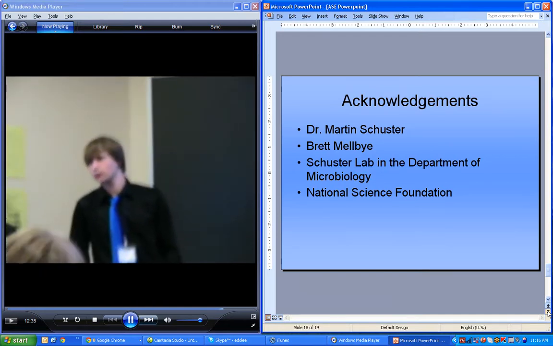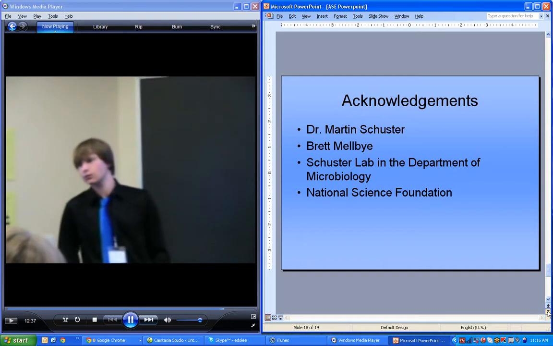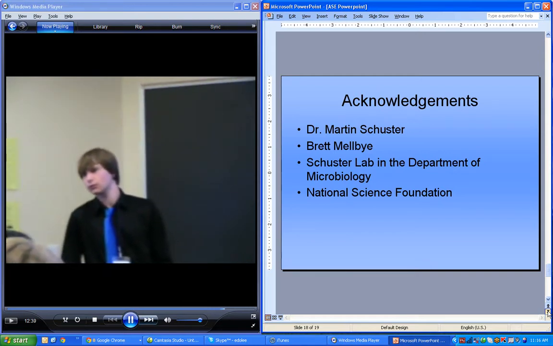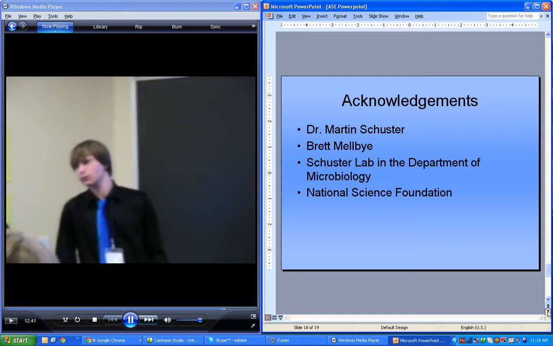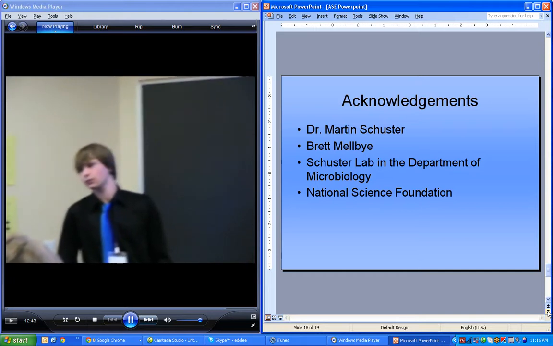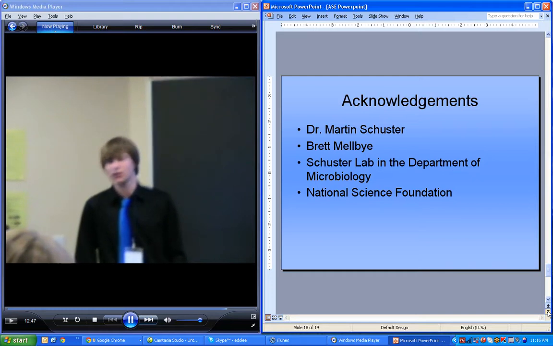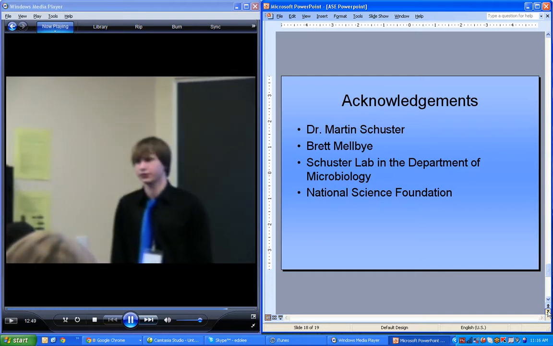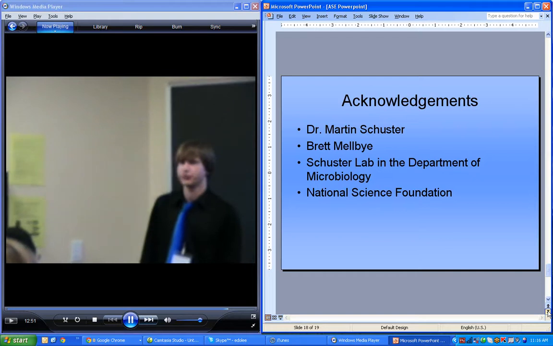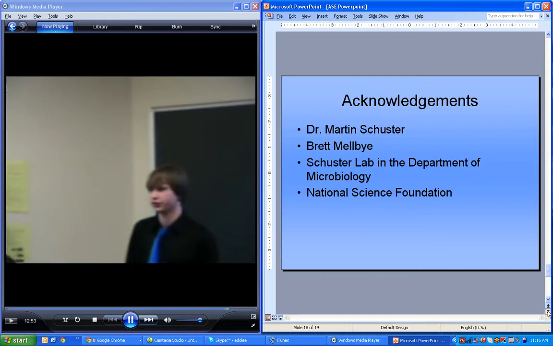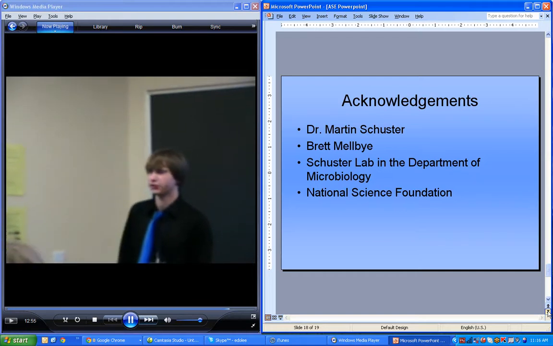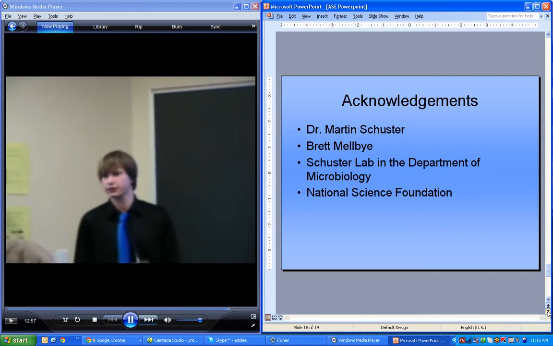Why such a narrow range? Yeah, honestly, I'm not sure. I guess it was just too much for bacteria and too little at the 1 millimolar concentration. I'm not entirely sure why there was such a big difference.